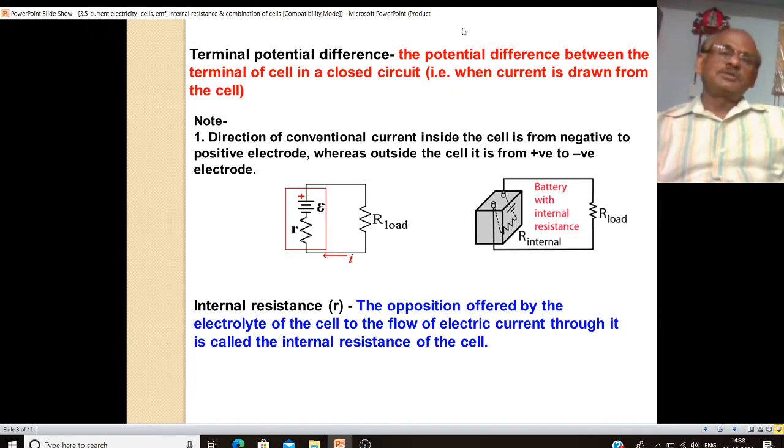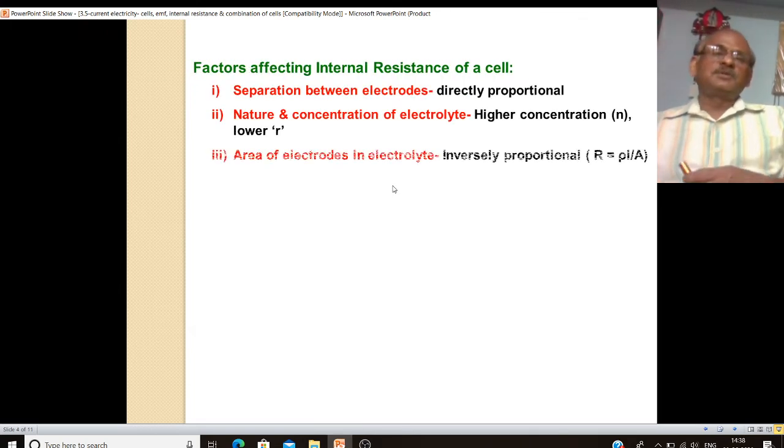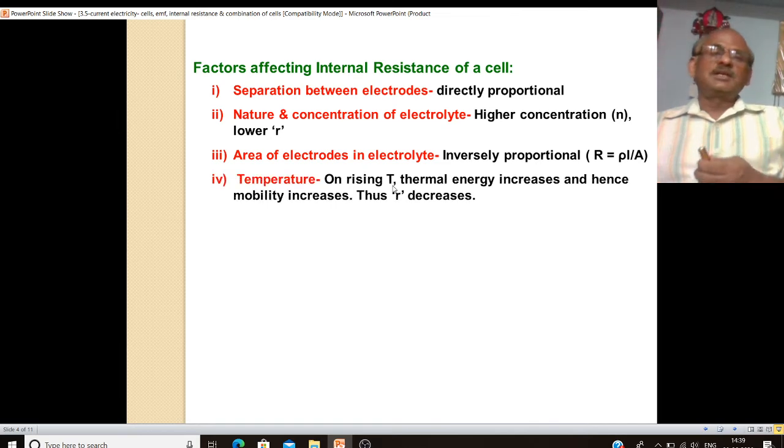Now the factors on which internal resistance depends: separation between electrodes, nature and concentration of electrolyte, area of electrodes, and temperature. See, separation between electrodes is directly proportional, means if electrodes are far away, then internal resistance is more.